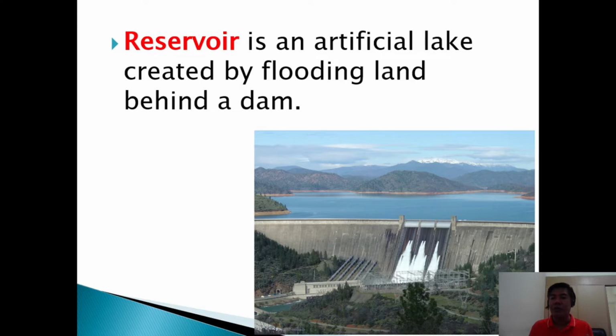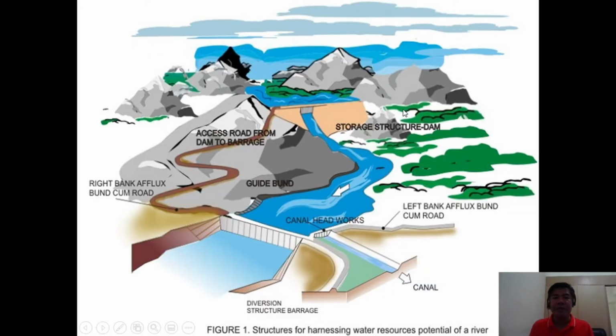So you compute the water requirement times the per capita, but of course you include the number of months that you intend to stock the water in the reservoir.